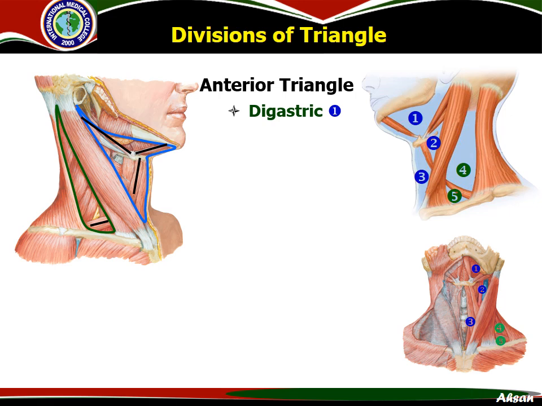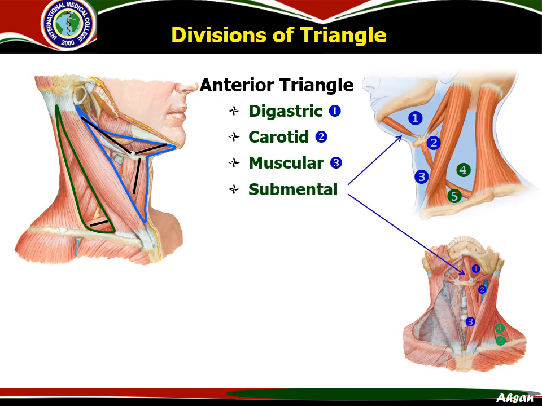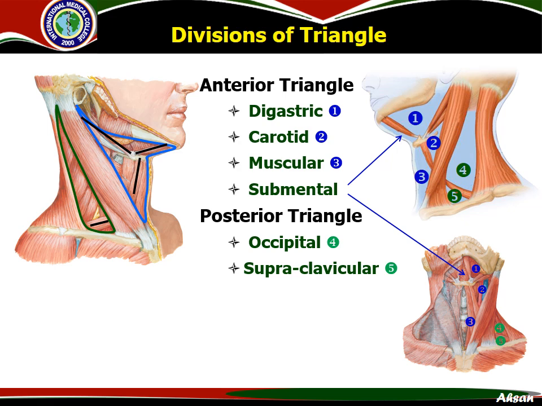The digastric triangle is shown by the labeling 1, carotid triangle by the 2, muscular triangle by 3, and submental triangle by the arrow. Posterior triangle is divided into occipital triangle and the supraclavicular triangle respectively by labeling 8, 4, and 5.